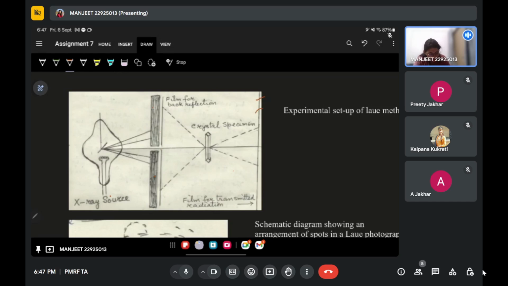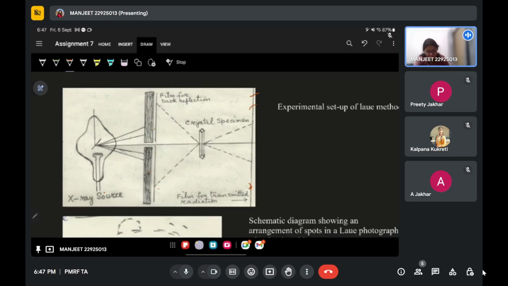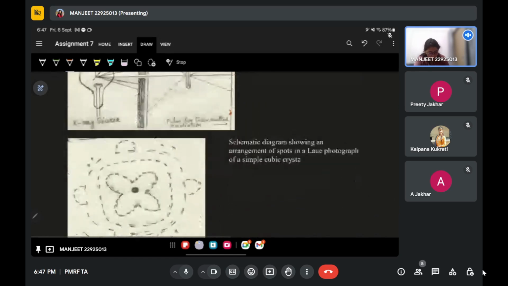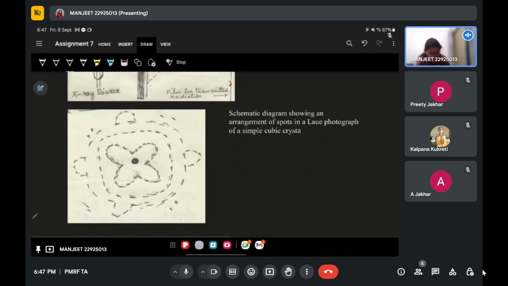There is a film for the transmitted one, and for any X-rays that come from back reflection, there is a film attached here also, to collect the back reflection intensity. So this is the experimental setup of the Laue method. This diagram shows the arrangement of spots in the Laue photograph of a simple cubic structure.